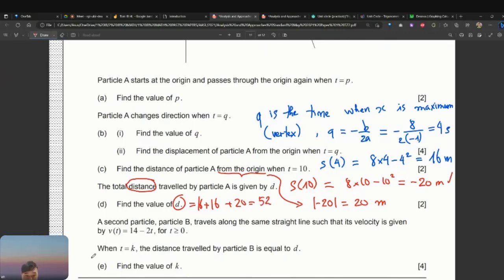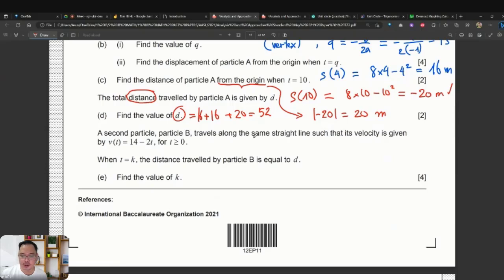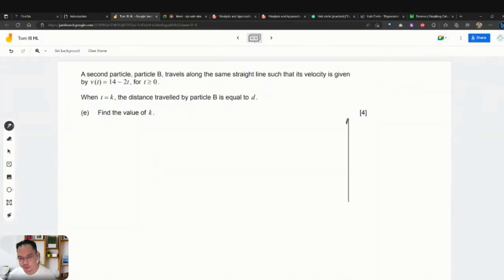The second particle B travels along the same straight line such that the velocity is given by the second formula here, which is a linear graph. For time greater than 0, when the time is k, the distance traveled by particle B is equal to d. We're given the velocity as a function of time, which is linear, 14 minus 2t.